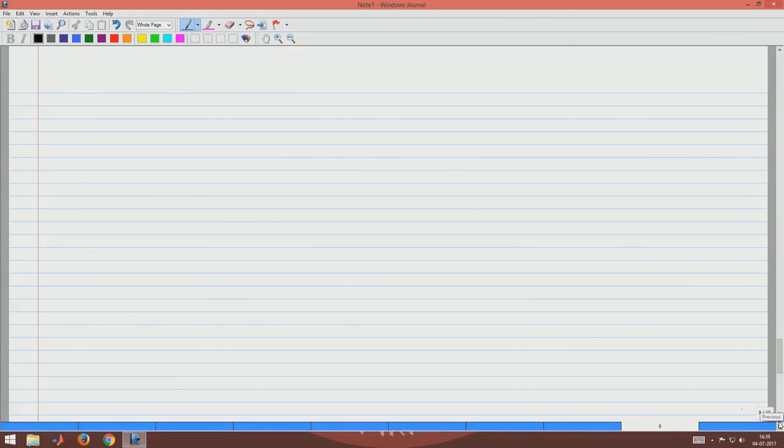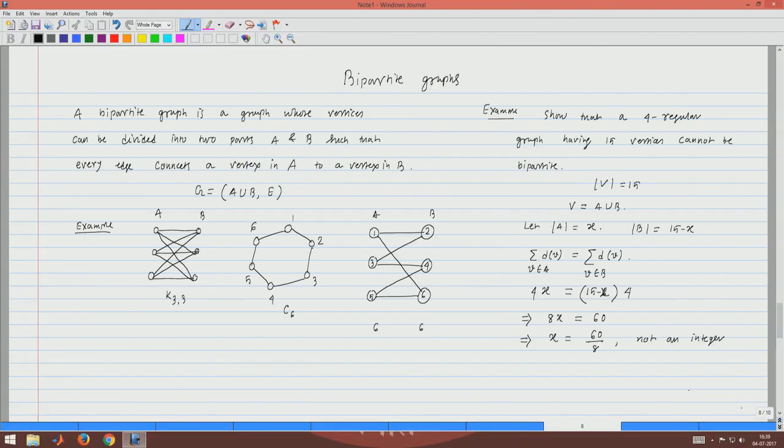So, next we characterize bipartite graphs. In the previous example we saw that this C6 is a bipartite graph, but similarly C4, this is also a bipartite graph, say 1, 2, 3, 4, this is C4.